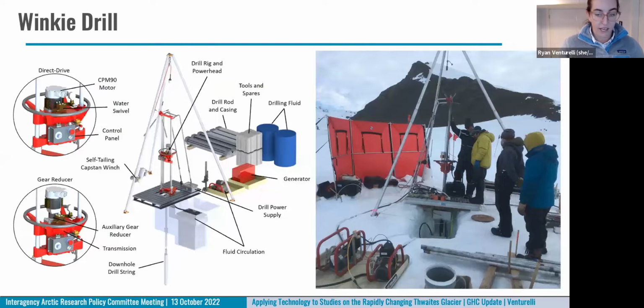So once we gain our access hole with the Eclipse drill, we use the Winky drill to drill into the bedrock. The Winky drill is the lightest rock sampling drill in the IDP arsenal.